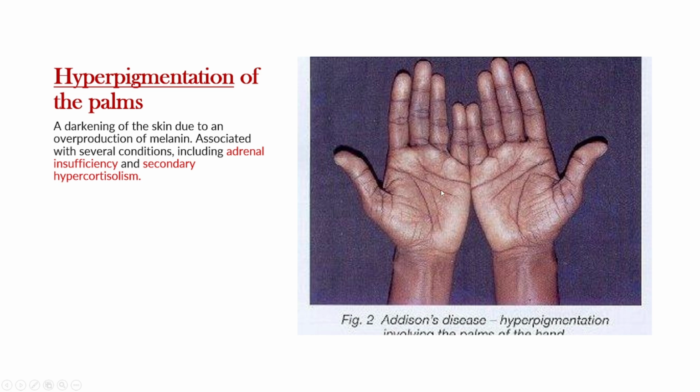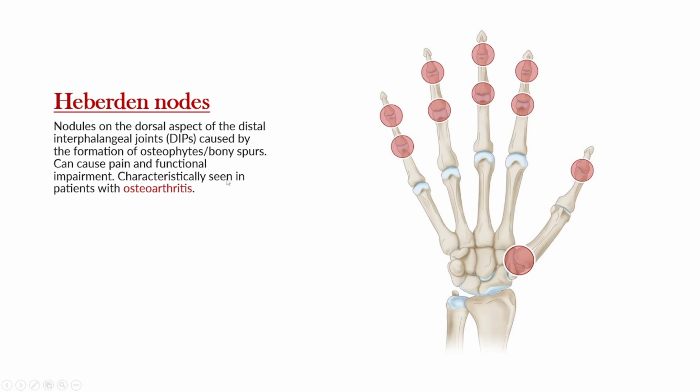Yes, we will see hyperpigmentation of the palm. Maybe as I have another picture, just look at your palm right now and see the difference. You will notice the hyperpigmentation better if you see a normal hand and a hyperpigmented hand. So this is hyperpigmentation.